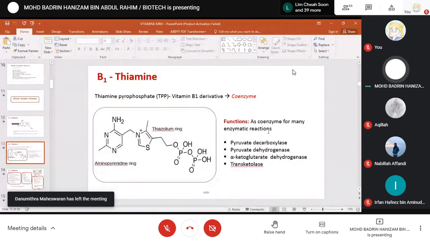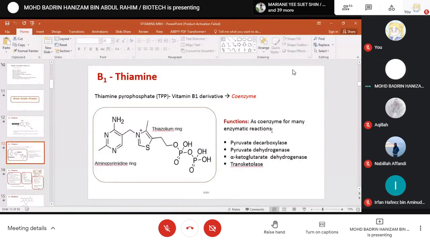So, as I mentioned earlier, water soluble vitamins play an important role for energy metabolism. When you see thiamine, for example vitamin B1, these coenzymes are involved in many reactions, as you can see here: pyruvate carboxylase, PDH, alpha ketoglutarate dehydrogenase, and transketolase.